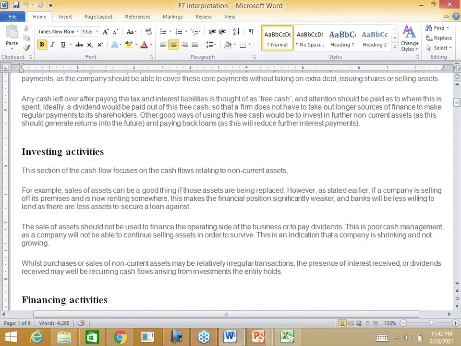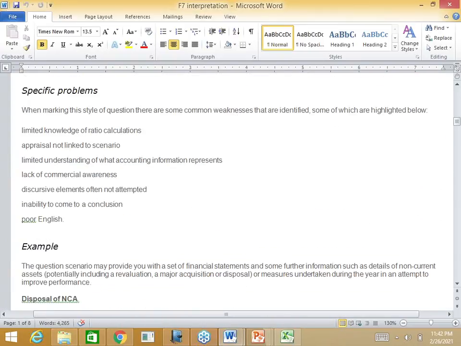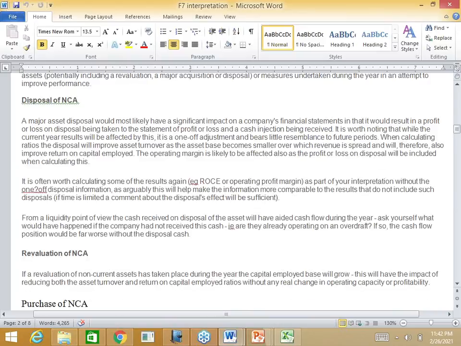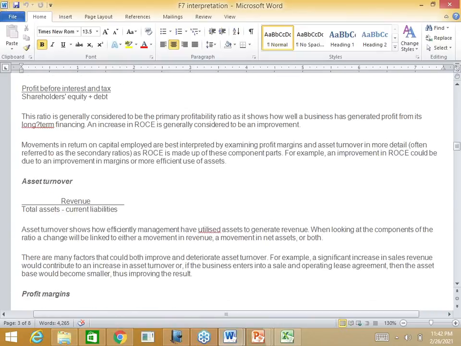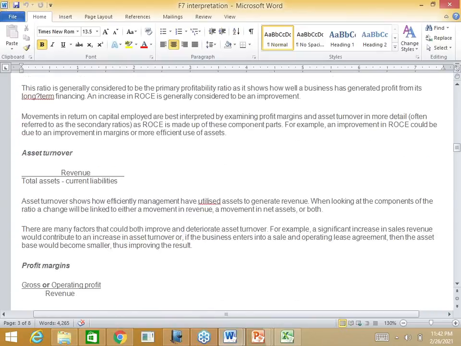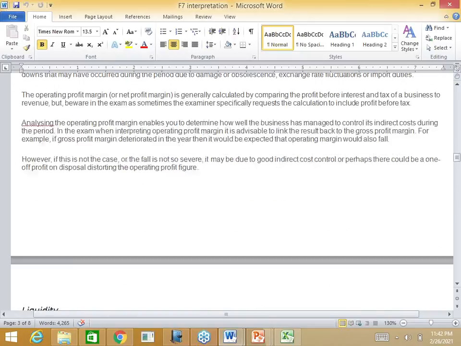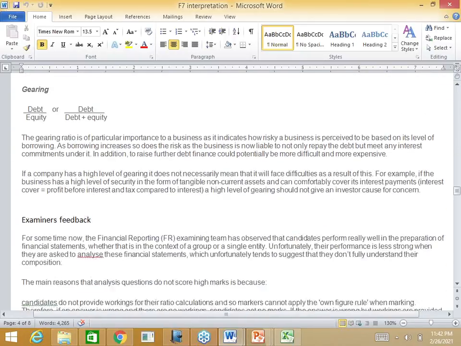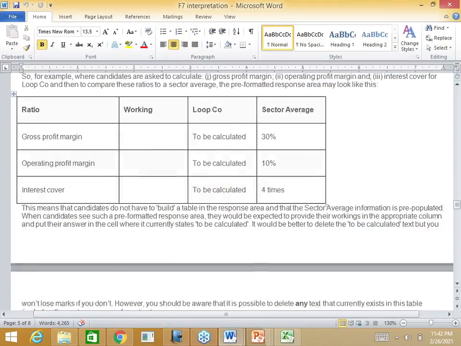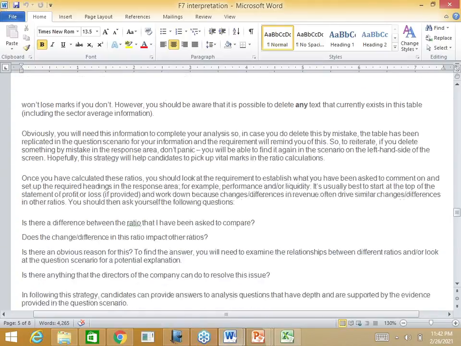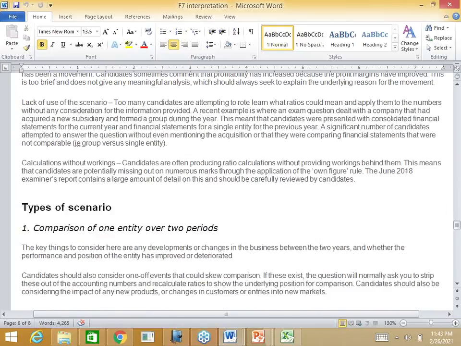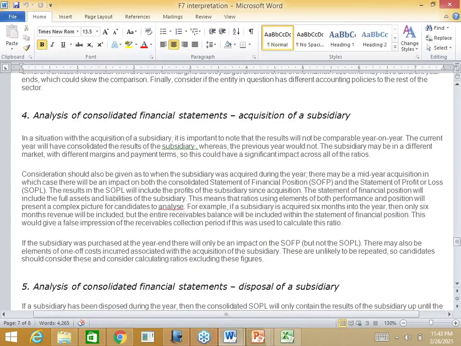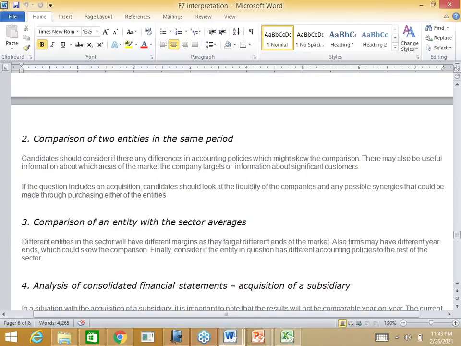It will tell you how to write the analysis of cash flows. Then it will tell you about the ratios. For each ratio, what are the things that you need to know and what are the areas that you need to write. These are 8 pages of handouts. If you just read this handout 3 to 4 times, then you will feel comfortable in the topic of ratios.